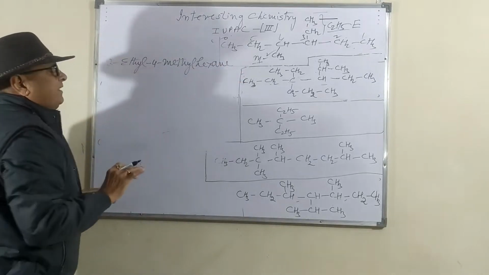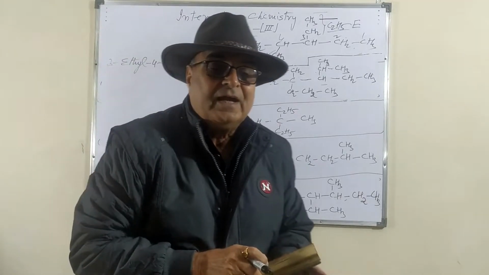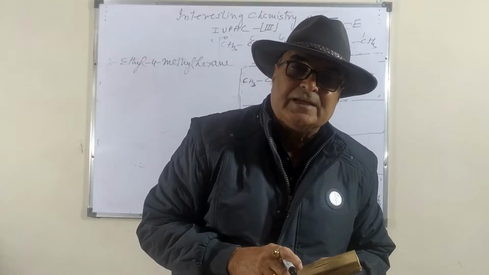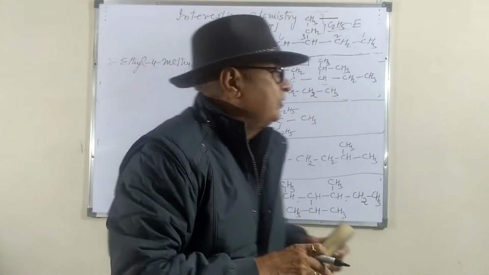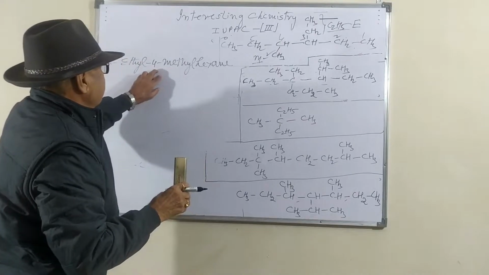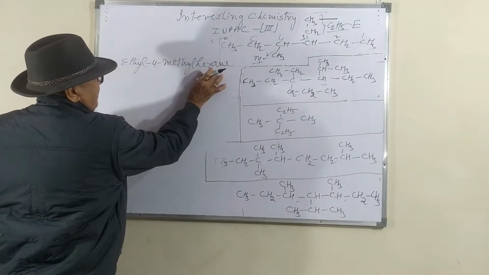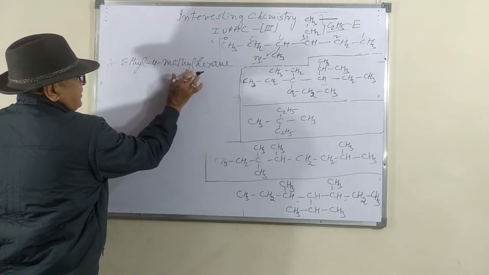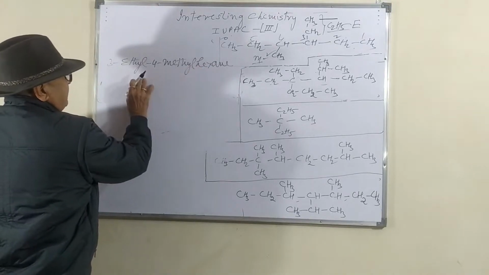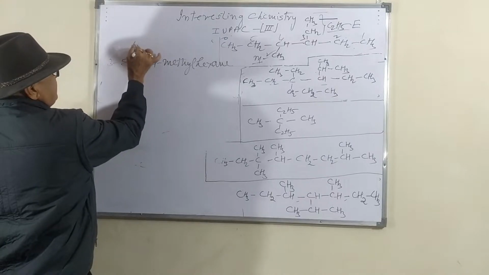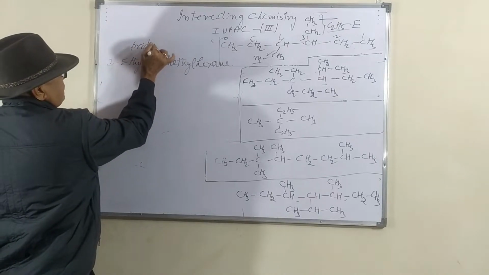Can you write it as 4-methyl and 3-ethyl? No. These are all prefixes, and this is the root name. The words written before the root name are called prefixes.